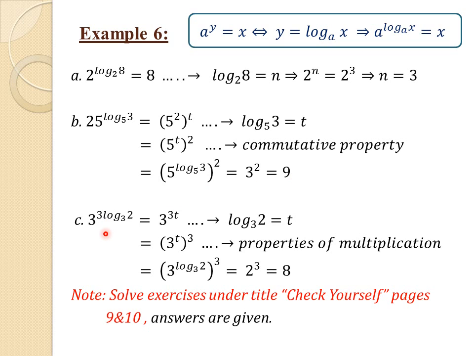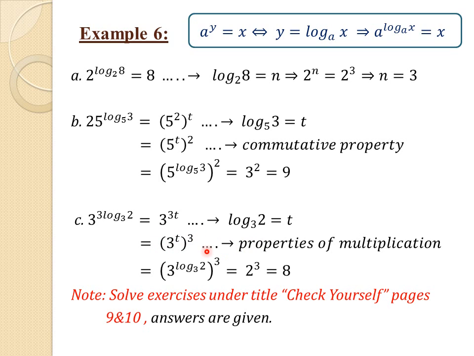Again here, 3 raised to a power. This power is 3 multiplied by logarithm 2 base 3. I will make this value of logarithm t. Here it is. So the power is going to be 3 power 3 times t. Now put t inside parentheses and get 3 out in the powers.